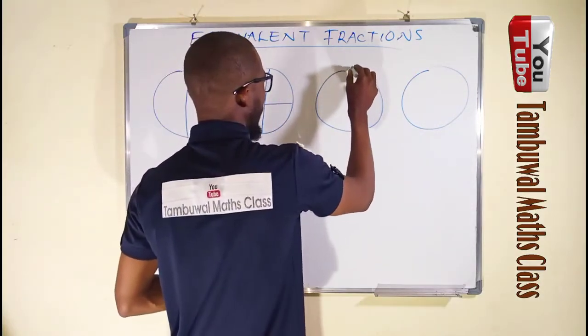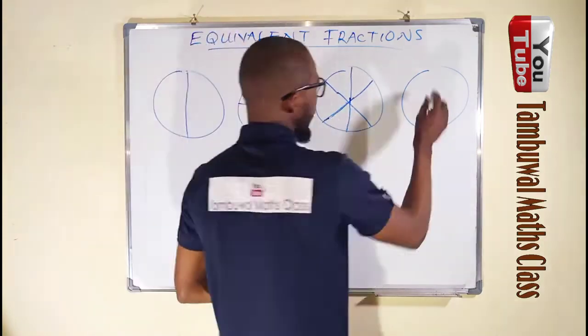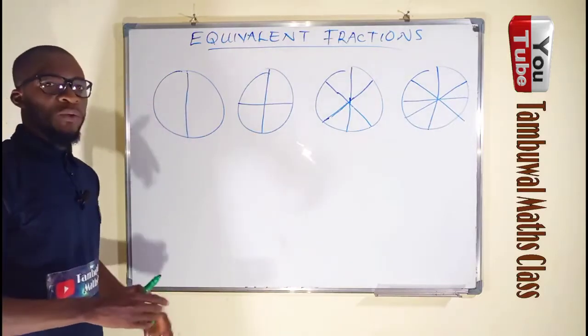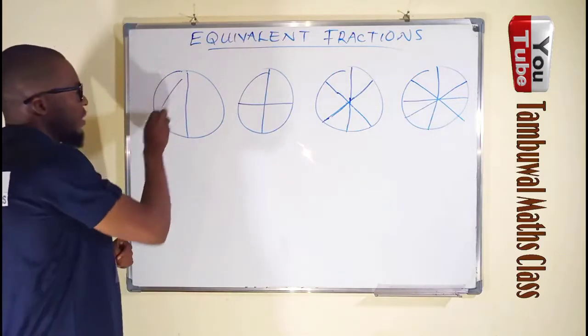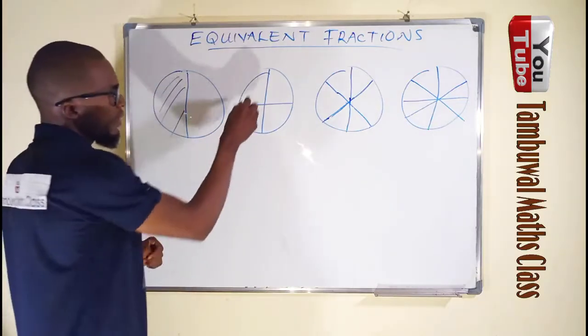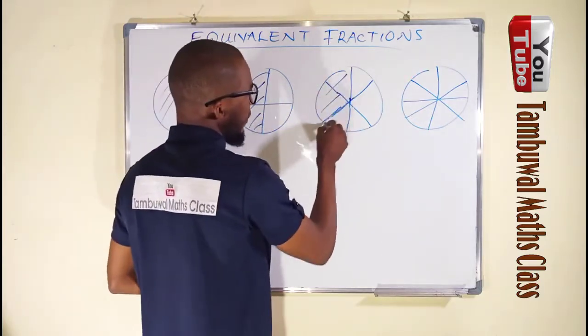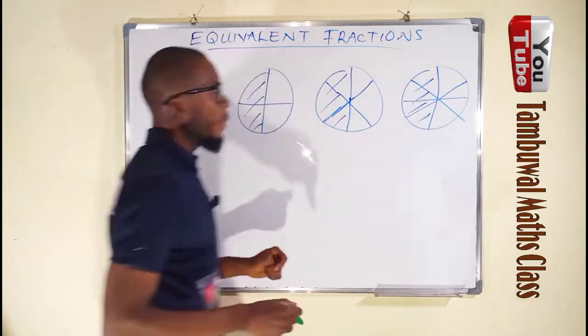Let us divide this one. So let us shade half of these circles. Let me shade this side. Let me shade this side. Let me shade this side. And let me shade this side.